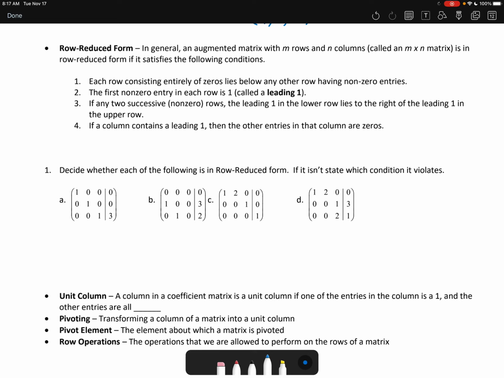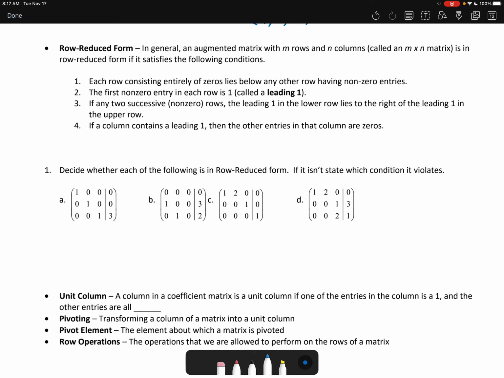Second rule is the first non-zero entry in each row is a 1, called a leading 1. So as you come in from the left-hand side, the first thing you have to hit is a 1. And we'll look at these in a second. Third rule, if any two successive rows are non-zero, the leading 1 in the lower row has to be to the right of the leading 1 in the upper row.